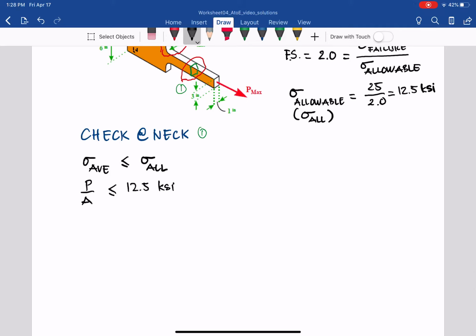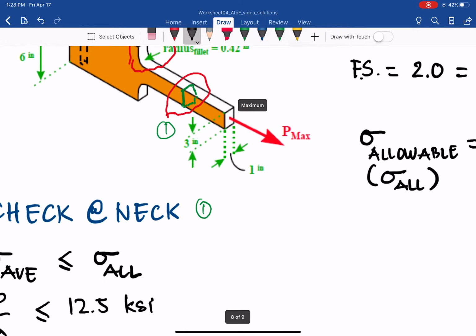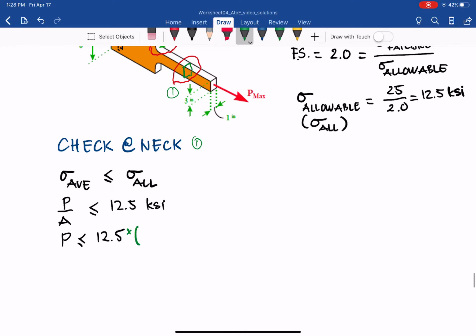So for position 1, P over A, P will be less than or equal to 12.5 times the area. The area here is 1 inch by 3 inches for the neck.